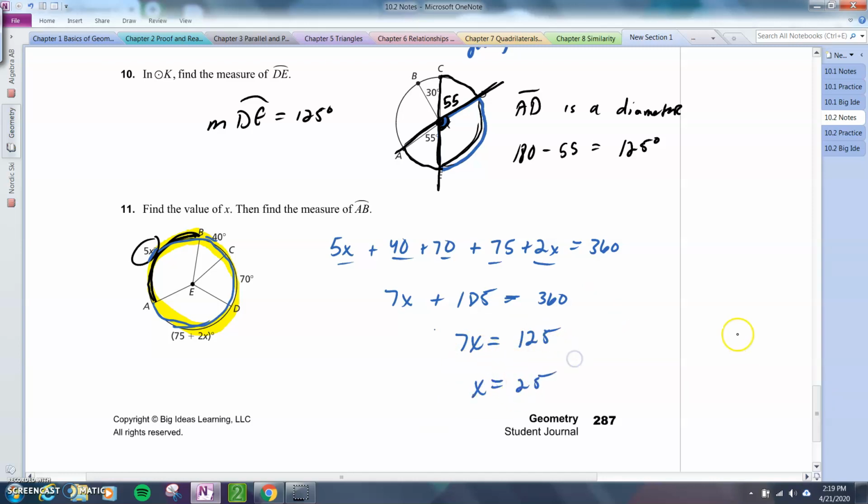That x has to be 25 for all these to add up to 360. So if we plug that back in, we know that AB is this expression 5x. We plug in the 25 there. We know, therefore, that that is going to be 125 degrees right there.